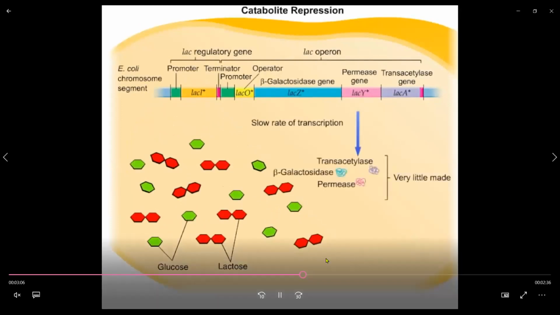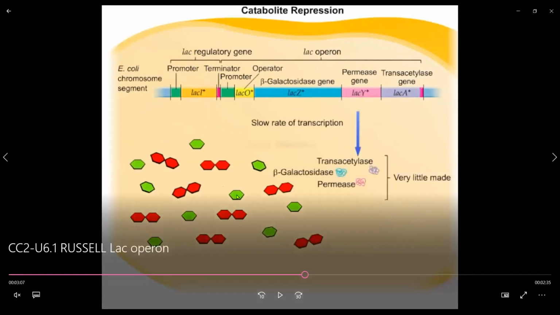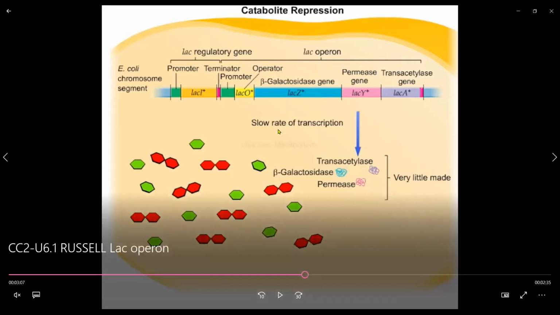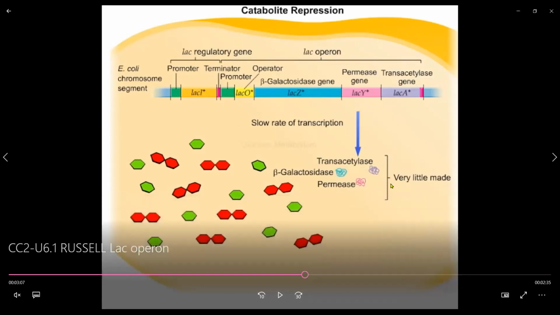This is important, listen, this is what I was saying. When we have both lactose and glucose in the system, you see the slow rate of transcription. There is no repressor molecule bound to the operator because lactose is already present in the cell. In spite of that, very little RNA is made. How and why? That was a question.